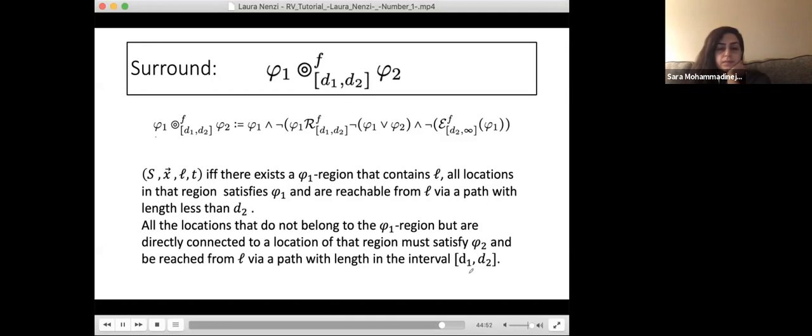So the idea is that all the elements that belong to the phi2 region are anyway inside the ring d1 and d2 as a distance from the location where we are checking the property, that is L.